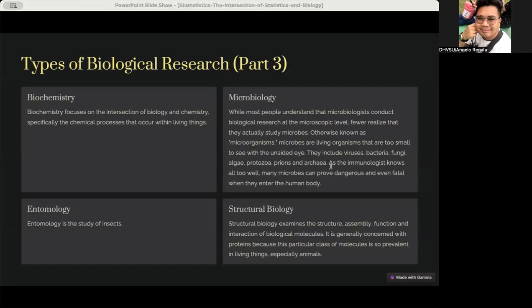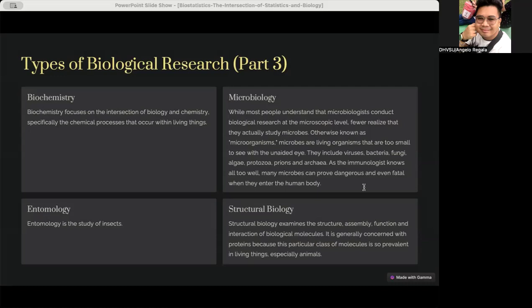The next one is microbiology. In microbiology, we conduct biological research at a microscopic level. We are studying microbes or microorganisms.